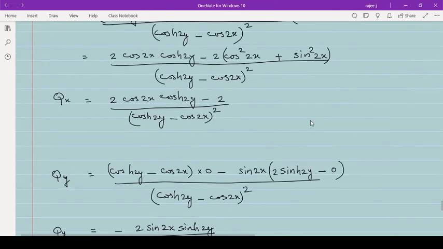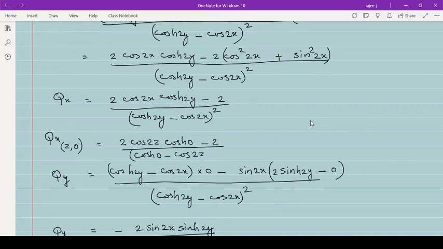So what I will do here itself, I just find q_x at (z,0). Then just you have to replace that. Okay, so q_x at (z,0) will be, here replace x with z and y with 0. So this will become 2 cos 2z cosh(2 into 0) minus 2 divided by, this will be same, cosh(2 into 0) minus cos 2z the whole square.